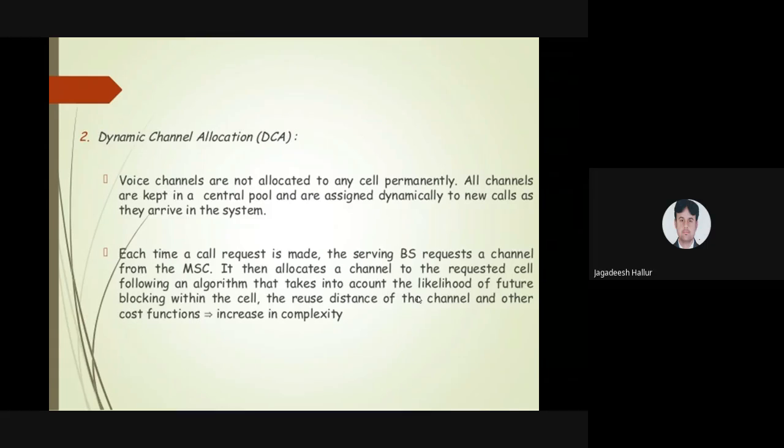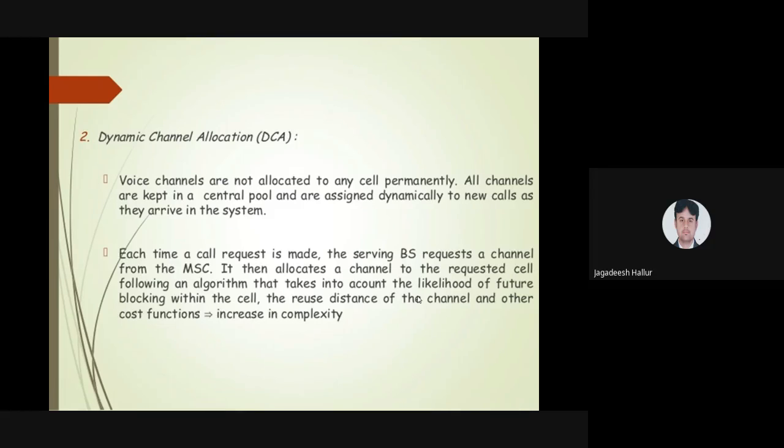He has to send the request to the particular MSC, and the MSC will allocate a particular channel. Voice channels are not allocated to any cell permanently. It is dynamic; the channels allocated to a particular cell are variable, not permanent.